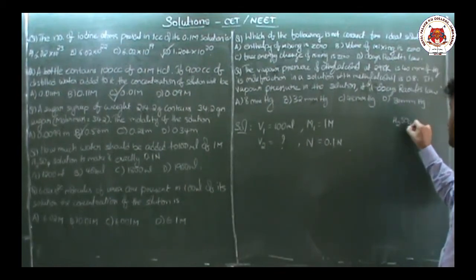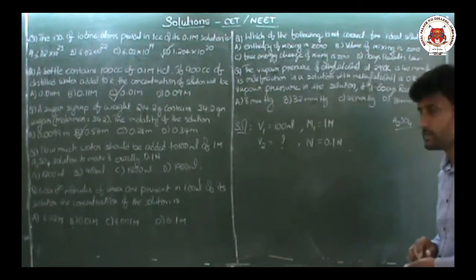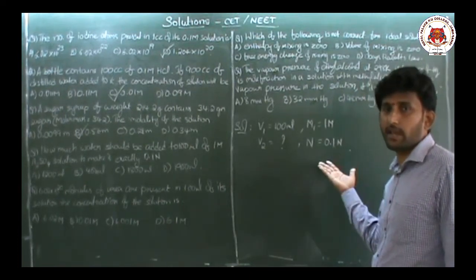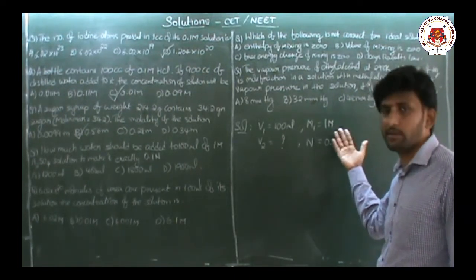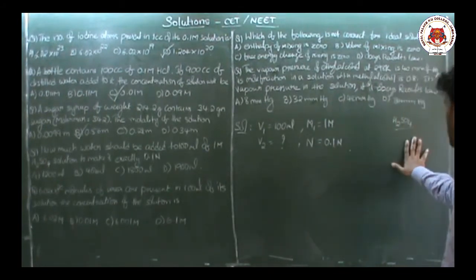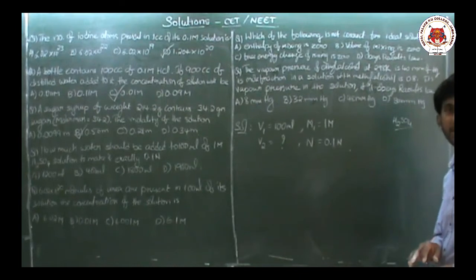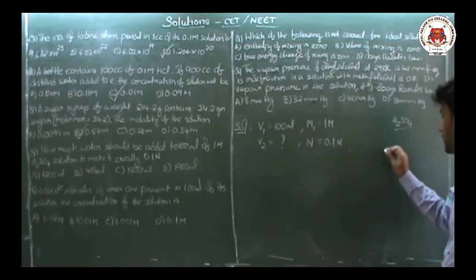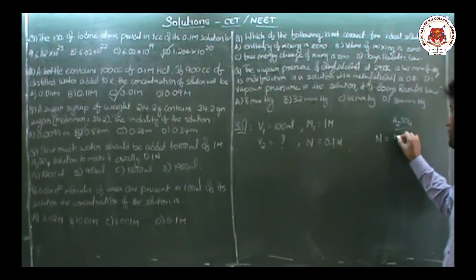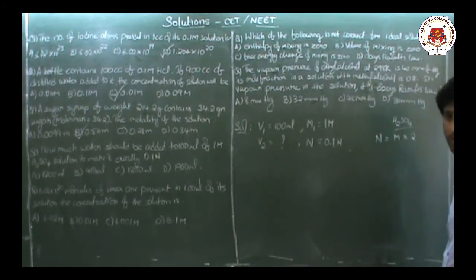Now the thing is, you cannot directly use these values because one value is reported in molarity, the other value is reported in normality. For H2SO4, molarity and normality are not equal because the basicity, or the valency factor, is 2. So what is the interconversion you need to do? Normality is equal to molarity into valency factor or basicity of the acid, 2.